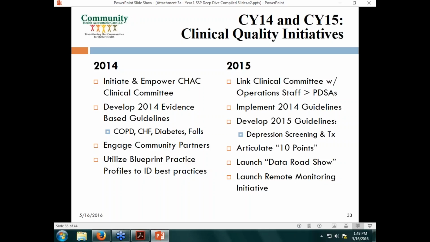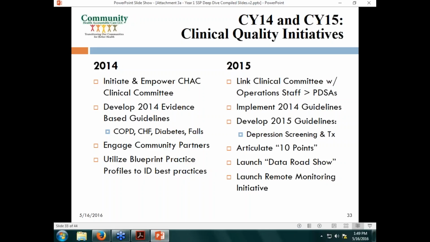We also leaned heavily, CHAC does not have its own analytic system to date. We leaned very heavily on the Blueprint practice profiles. We did a lot of work consolidating them, figuring out who our highest performers were for different measures, and having conversations about what we could learn from those highest performers. So that was our work in 2014.